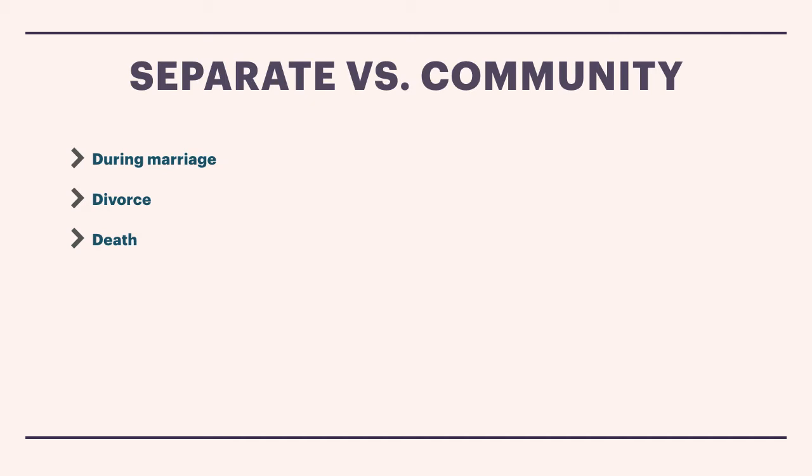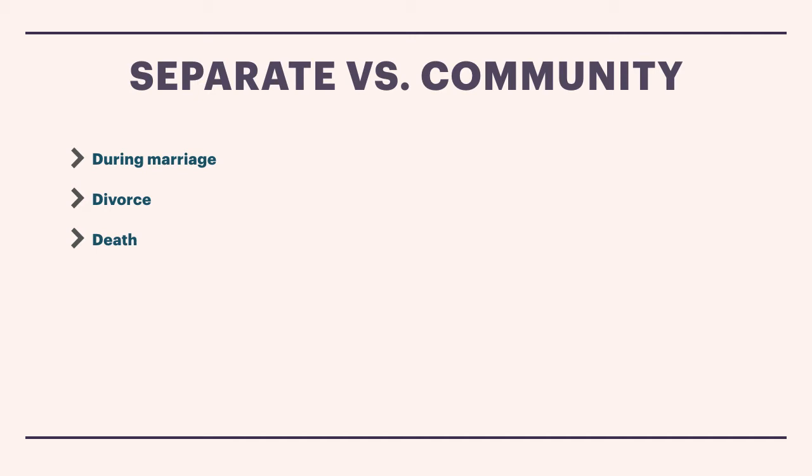For both separate and community property systems, any property that is acquired before marriage is non-marital property, and each individual party would own that as their own property, right? So if a husband and his wife, let's say, get married, it's at that point that we start to record what the marital property is.